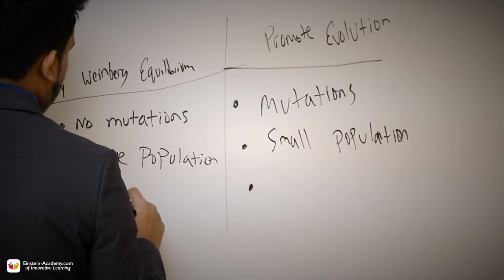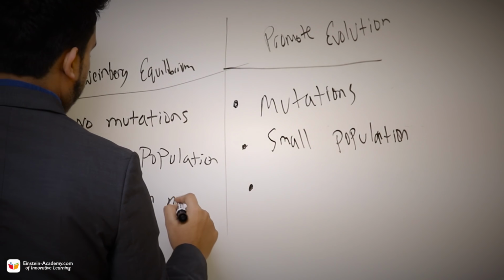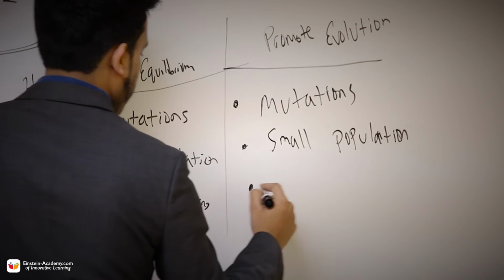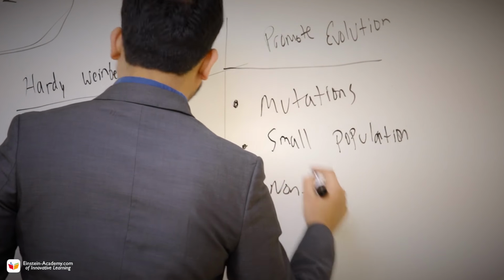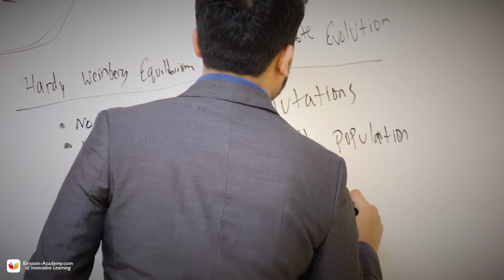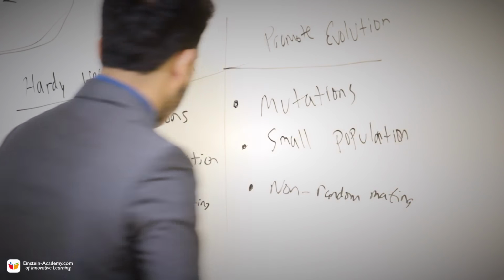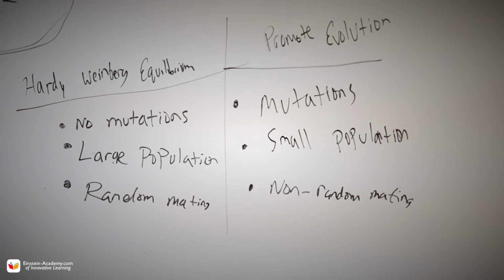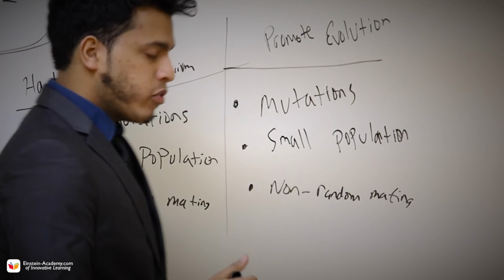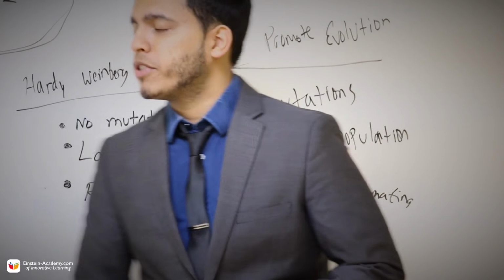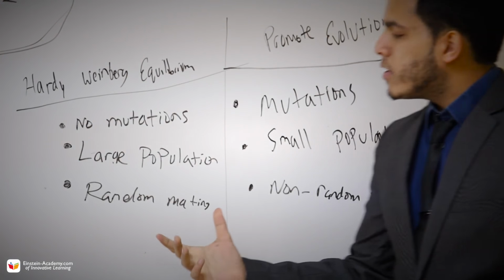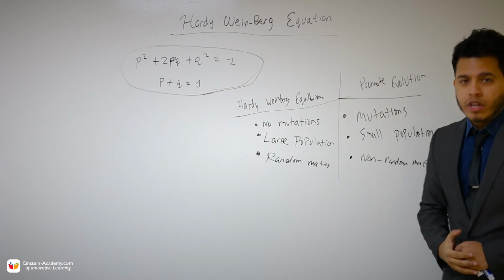Okay, let's talk about this. Random mating versus non-random mating. I think as a community, especially in our previous generation, our parents' generation, people like to mate within their community, okay?